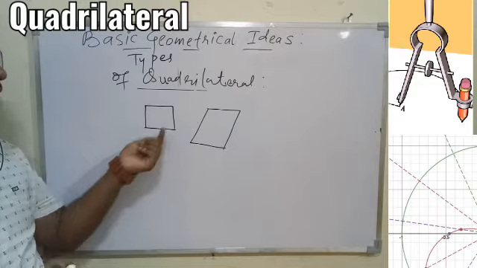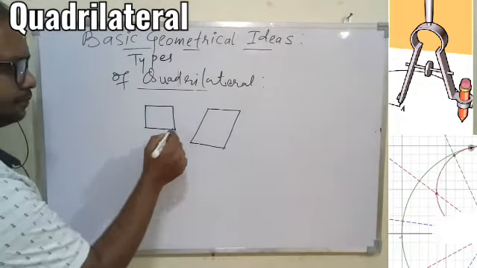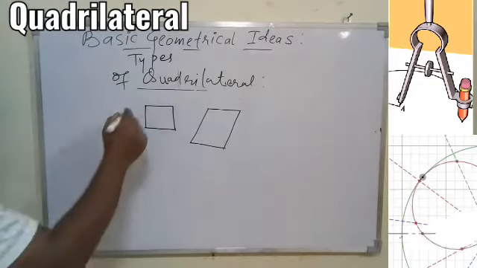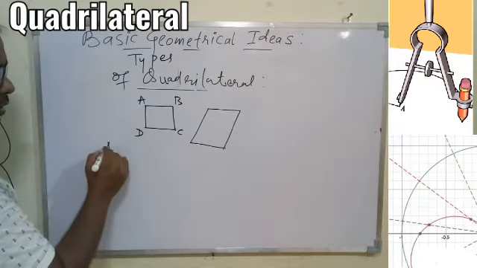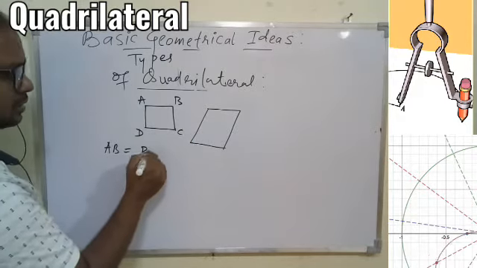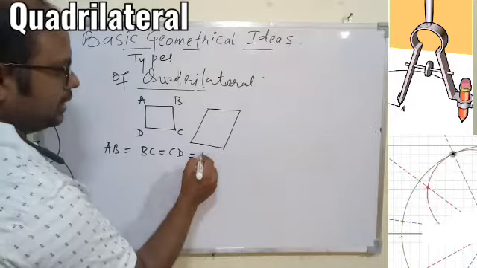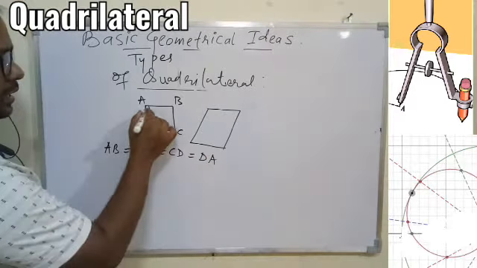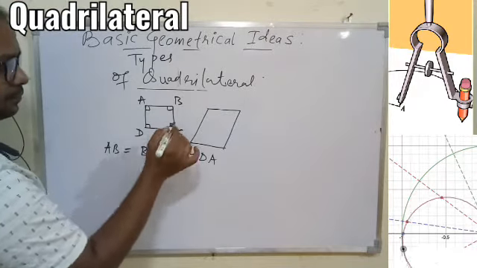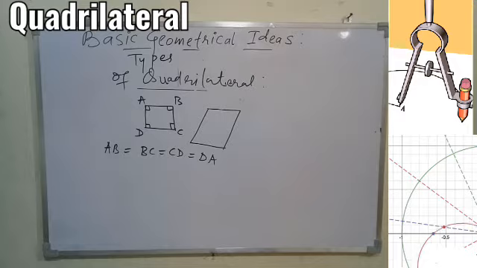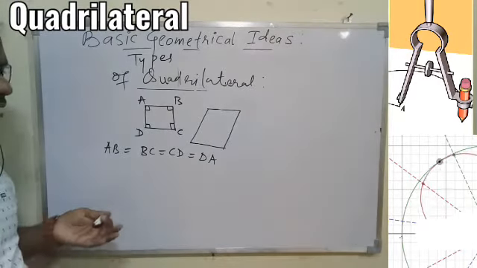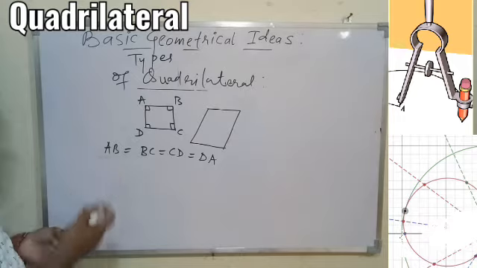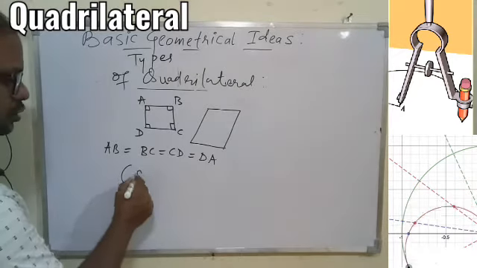For example, if all the sides are equal, here if it is A, B, C and D, such that AB is equal to BC is equal to CD is equal to DA, and also each angle is 90 degrees, so if all the sides are equal and all the angles are 90 degrees, then it is nothing but a quadrilateral called a square.